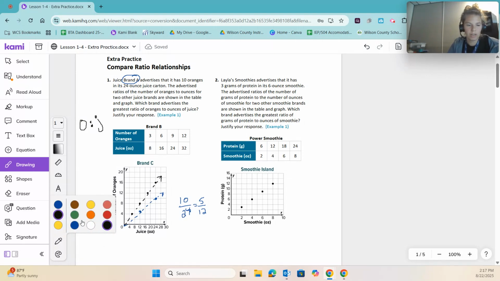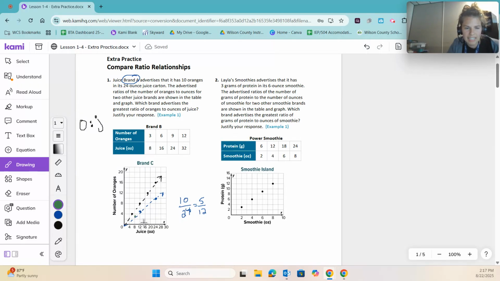And then brand B, I'm going to go ahead and use green. Brand B had 3 oranges for 8 ounces. So 8 ounces had 3 here.